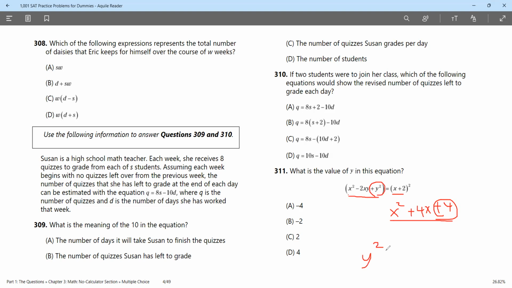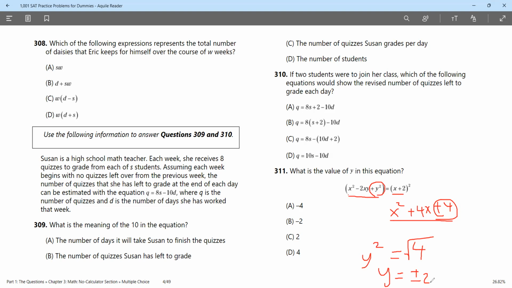So y squared will be equal to 4. So the answer will be what? If we take the square root, the answer will be positive or negative 2.